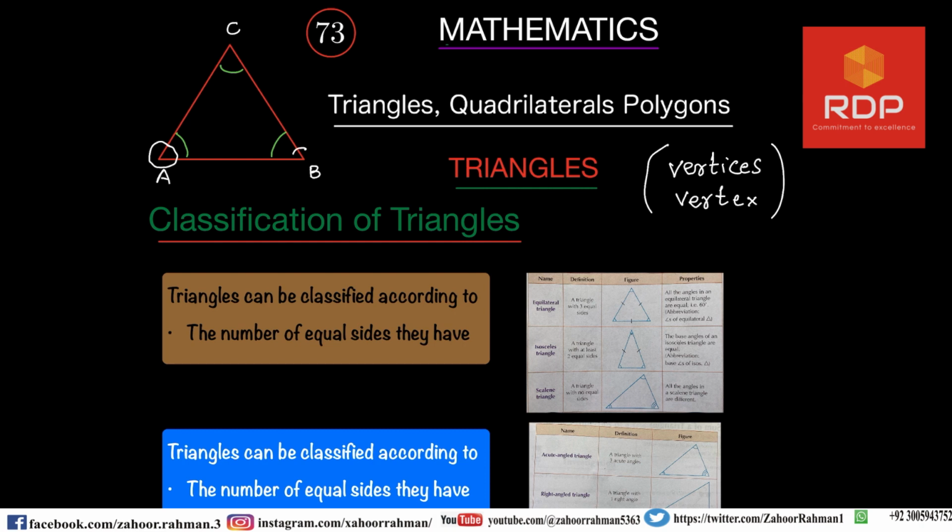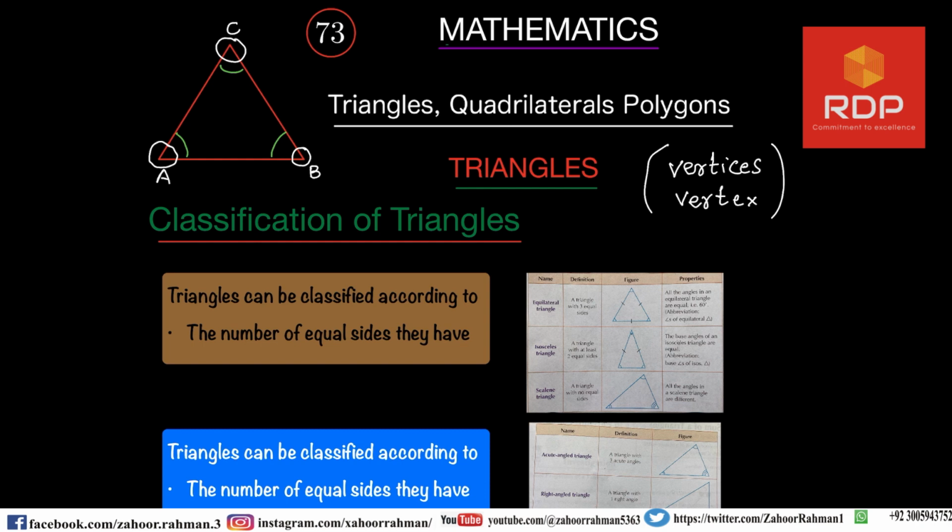Similarly, this is vertex B because lines AB and BC are making an angle here. And the third one is C. Here lines AC and CB are connecting with each other and making an angle.